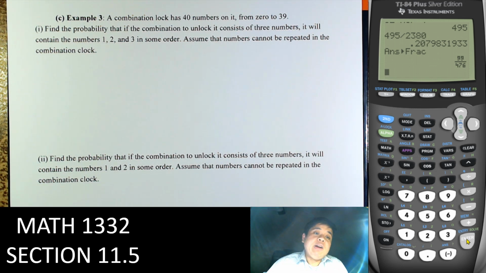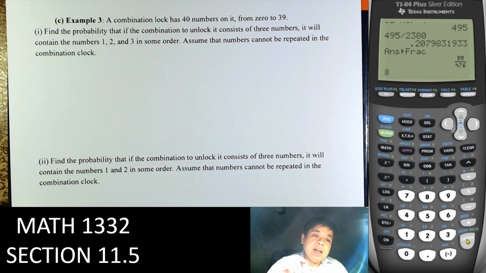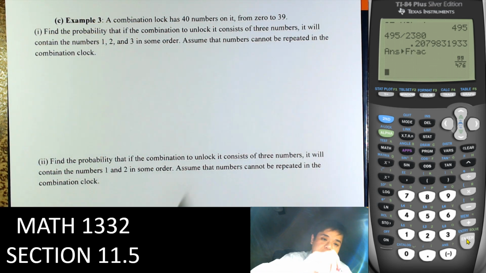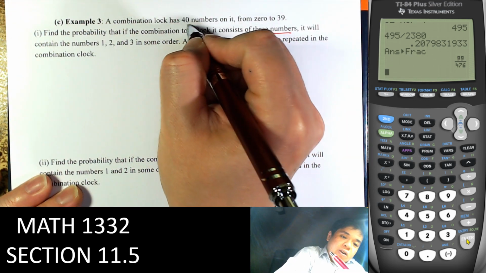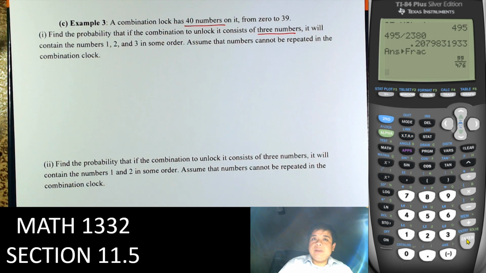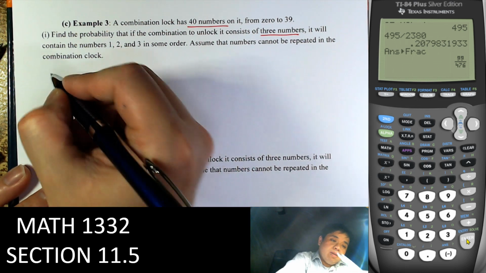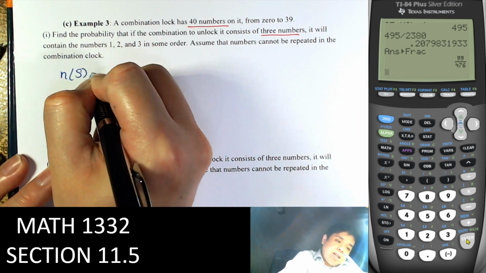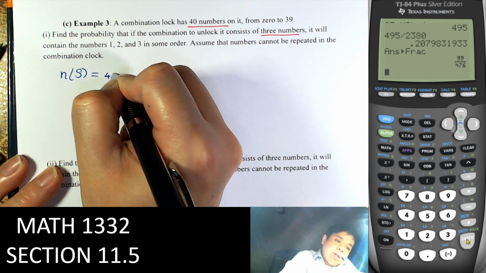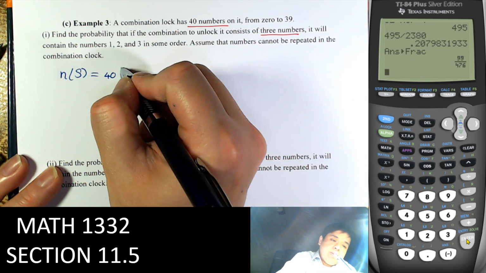Right, now there are 40 numbers, and to unlock it, the combination consists of 3 numbers out of 40 numbers. So for the possible outcomes, we write the number in the sample space here. We can choose any 3 of them.